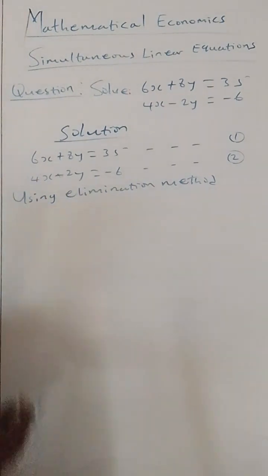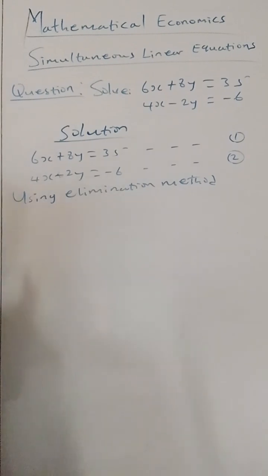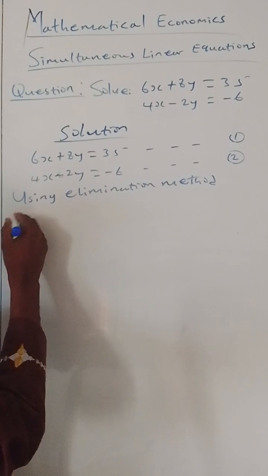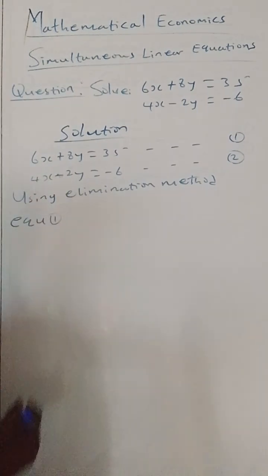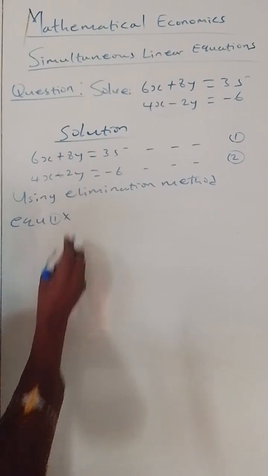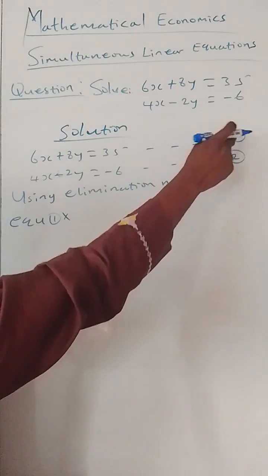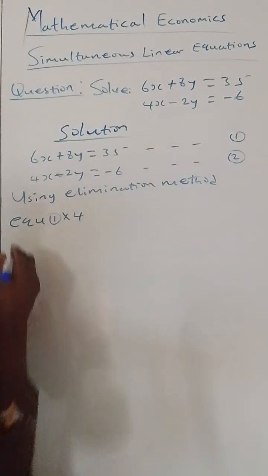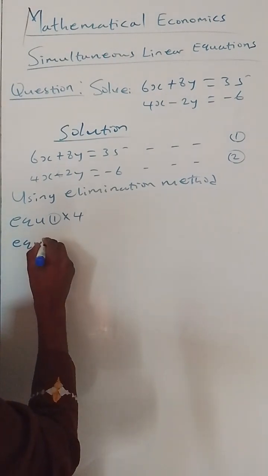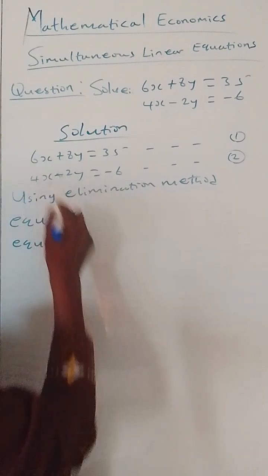Here, let's choose to eliminate the term that contains x. Equation 1 multiplied by 4, which is the coefficient of x in equation 2, and equation 2 multiplied by 6, the coefficient of x in equation 1.